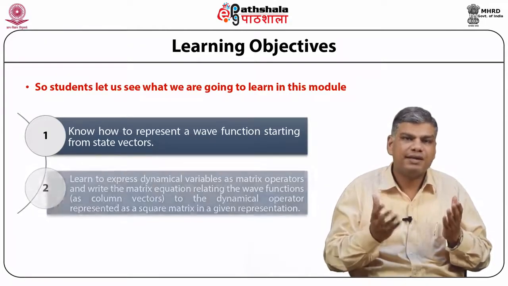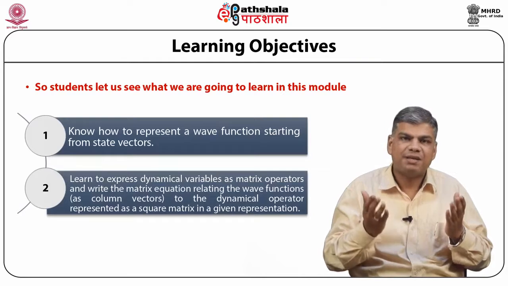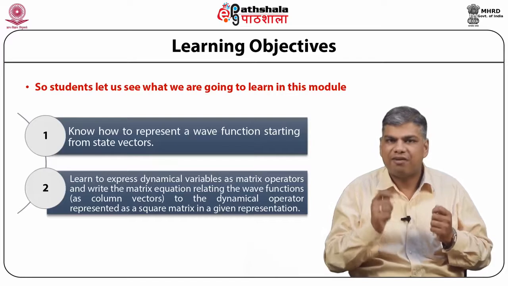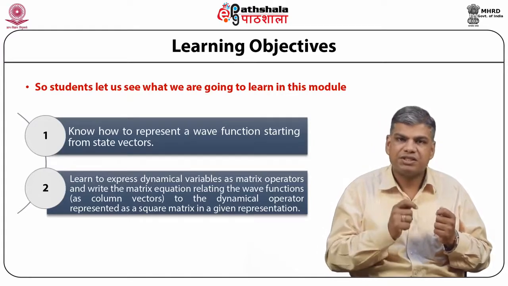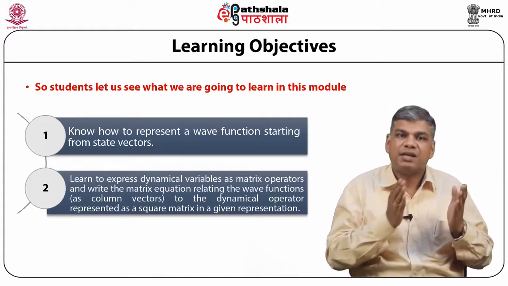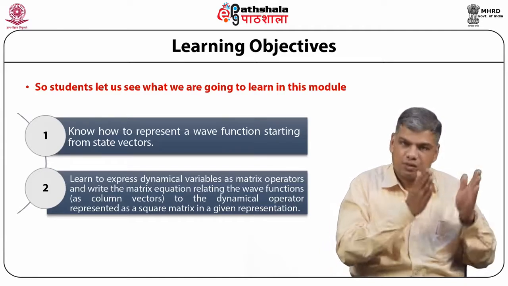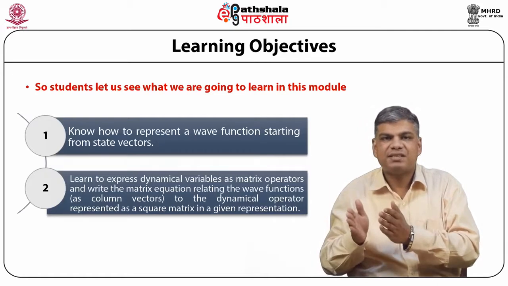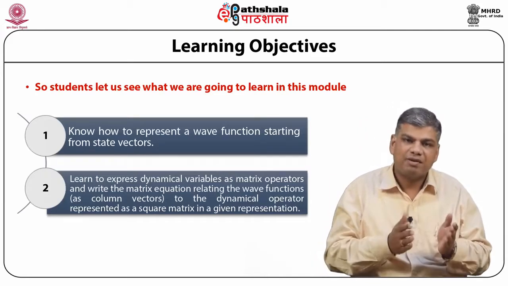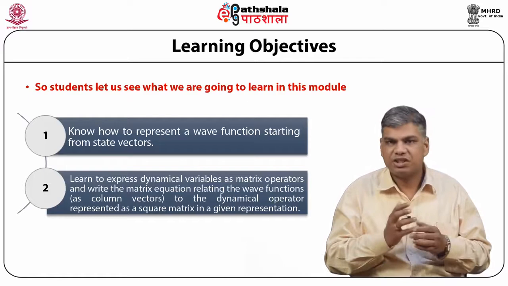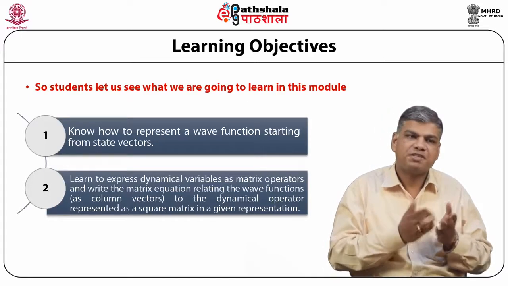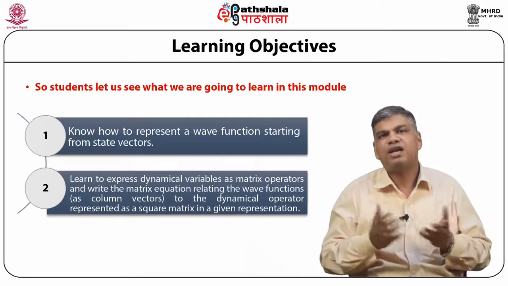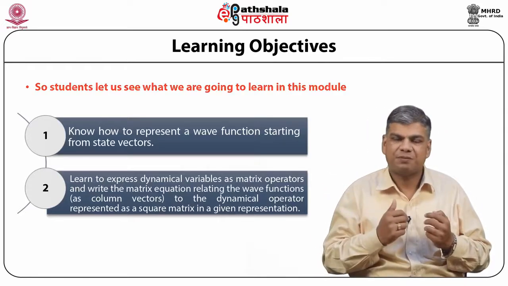Then we learn to express dynamical variables as matrix operators and write the matrix equation relating the wave functions as column vectors to the dynamical operator represented as a square matrix in a given representation, where the given representation could be either the coordinate representation or the momentum representation.